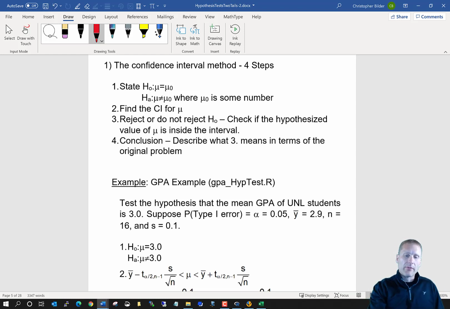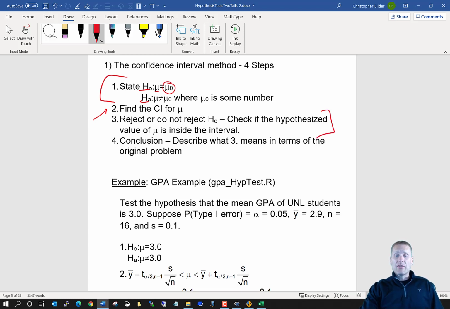Okay, so step 1, state your hypotheses. The null hypothesis is mu is equal to some number, and as a way to make this very general, we'll just call it mu sub 0. The alternative hypothesis is the exact opposite: mu does not equal mu 0. Then step 2, we find our confidence interval. Step 3, we make a decision: do we reject or don't reject H0? And simply, how do we do that?